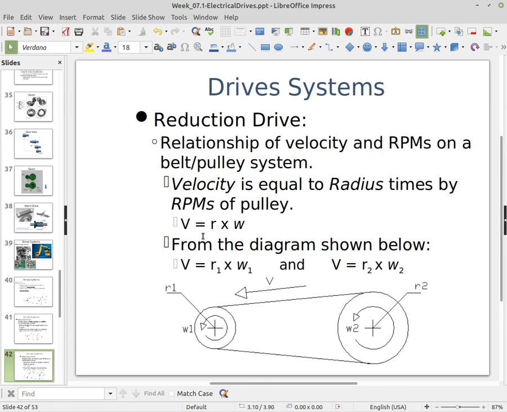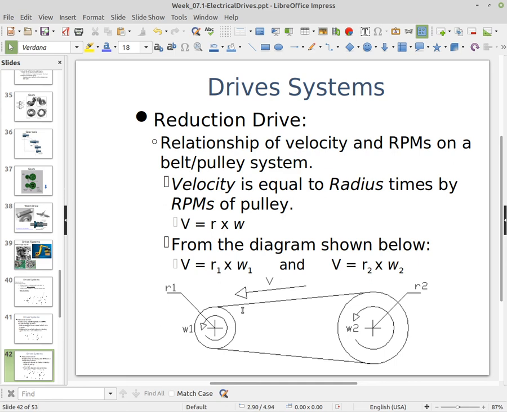All right, so we have the velocity, shown as v here, which is the radius of the wheel times the angular speed. The w there is actually representing an omega, which is the angular speed.